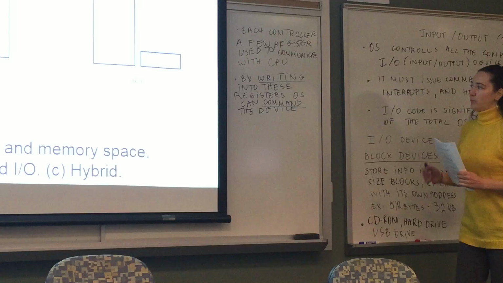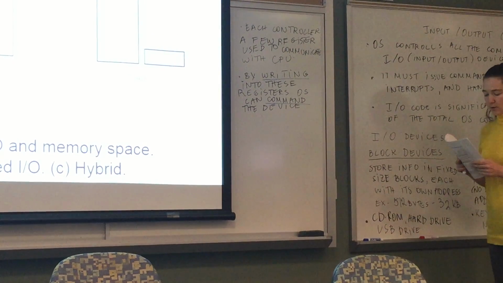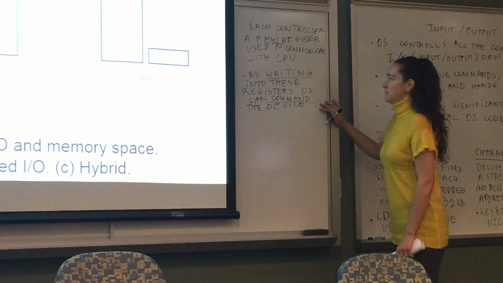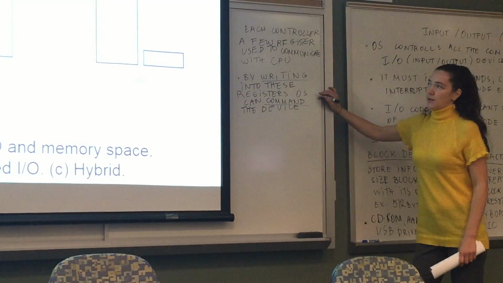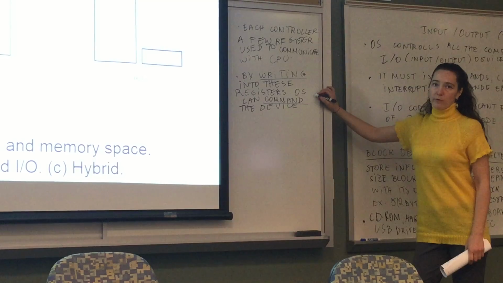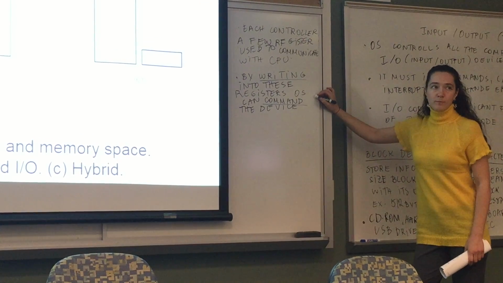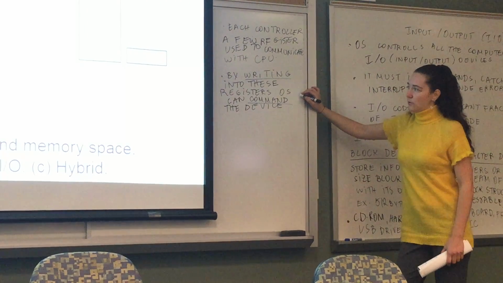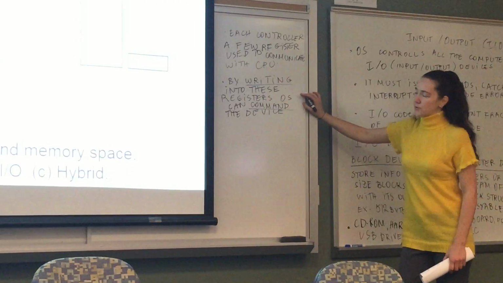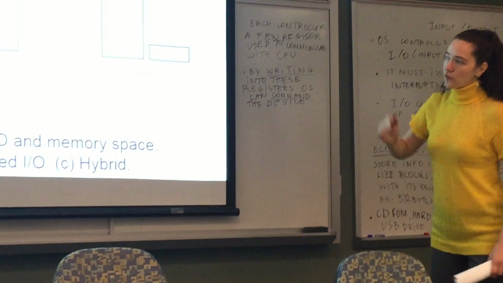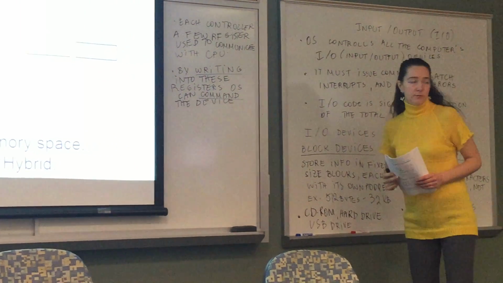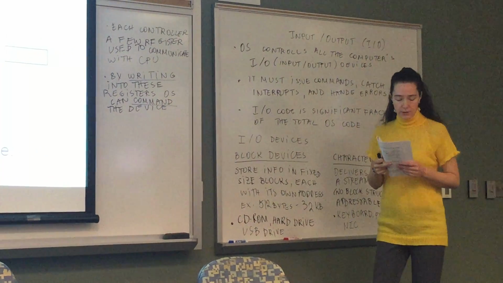What would be an example of an operation that the operating system is asking the I/O device to perform? It writes into the registers inside the device controller, and it wants to issue a command. What kind of command would it want to issue?